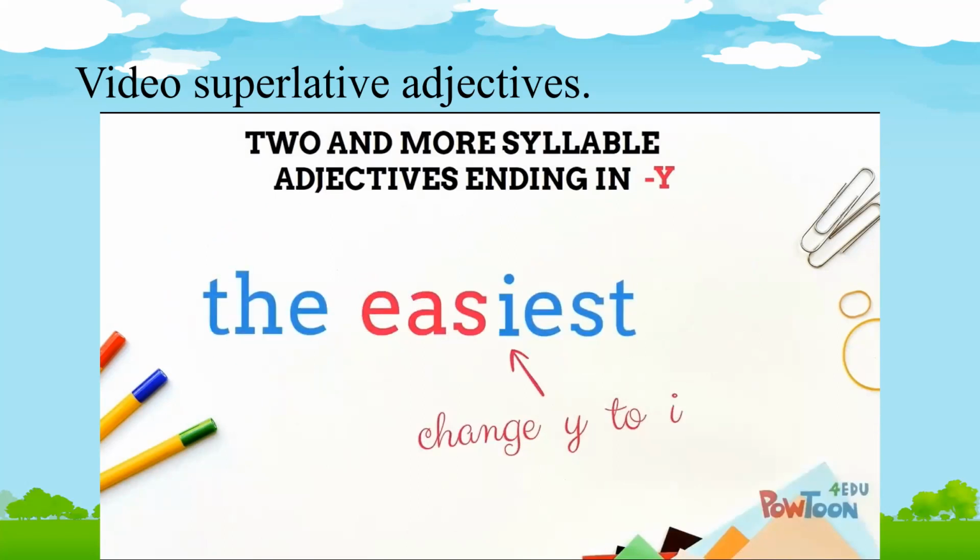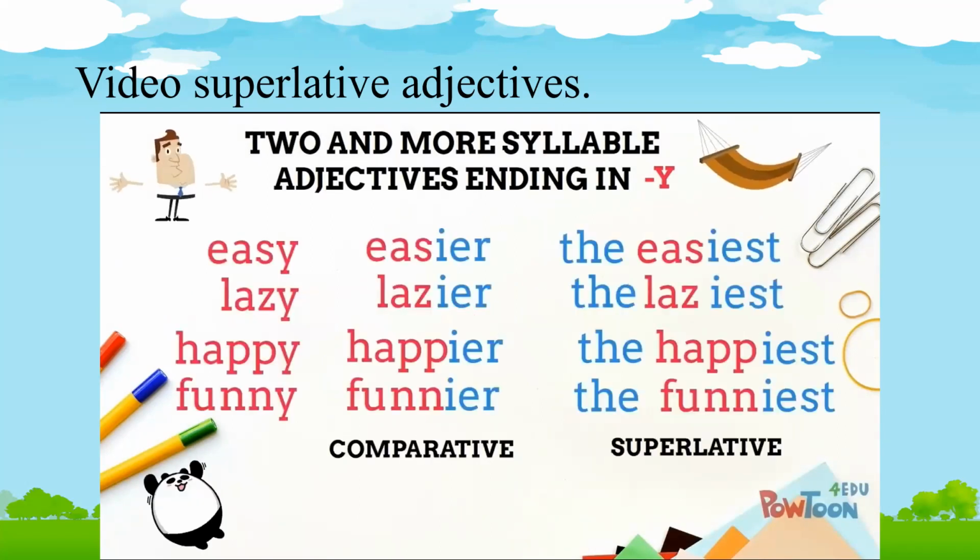For example, the easiest. More comparative and superlative forms like this: easier, the easiest; lazier, the laziest; happier, the happiest; funnier, the funniest.